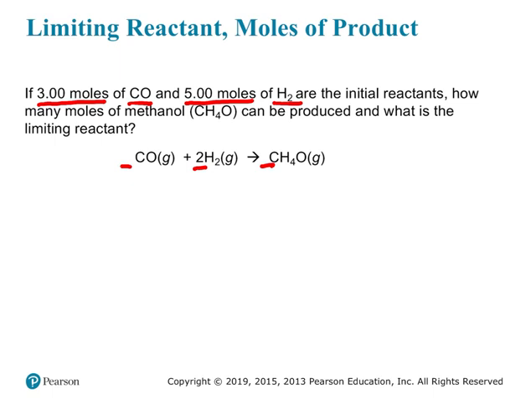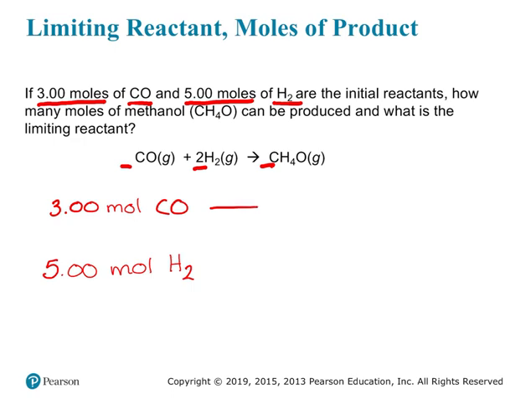All right, so let's figure out what is our limiting reactant. So what we're going to do is calculate how much product can form from each of our reactants. Okay, so we're given that we have 3 moles of carbon monoxide to start and 5 moles of hydrogen to start.